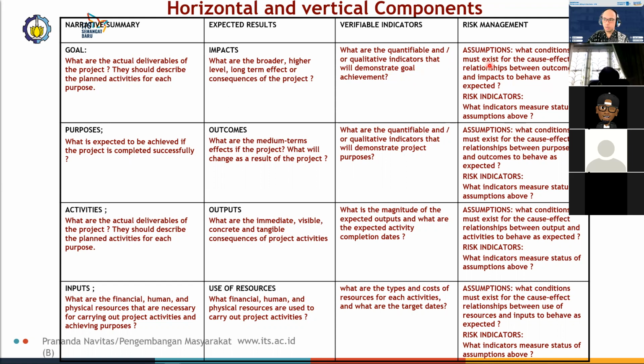How would you get 500 books? So what's the assumption? Or you're trying to get 500 books within 3 months, then what conditions must exist for you to be able to collect 500 books within 3 months? Otherwise, what are the risks? For example, the risk, of course, is that you won't be able to collect 500 books within 3 months.